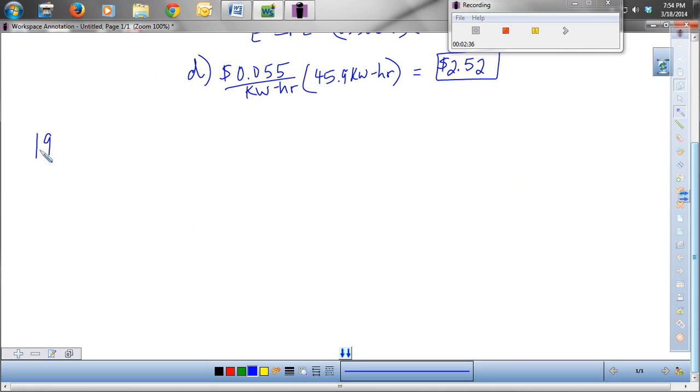Number 19. Number 19 was about a capacitor. So you have to go back and remember that we know that the charge on a capacitor, Q, is equal to CV. The capacitance was given to you as 2.50 picofarads, which is 10 to the minus 12th. And the voltage that it was charged to was a 12-volt battery.